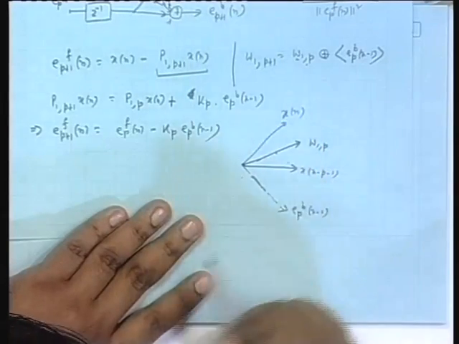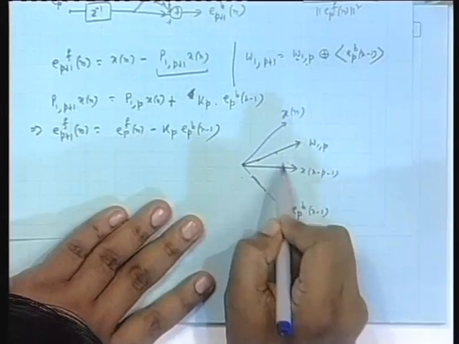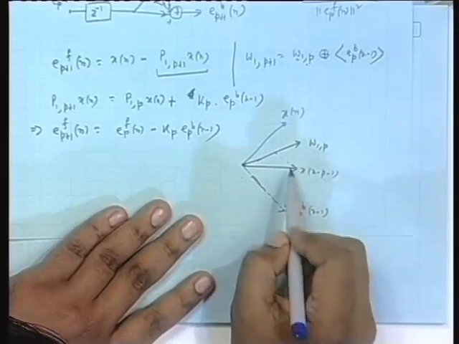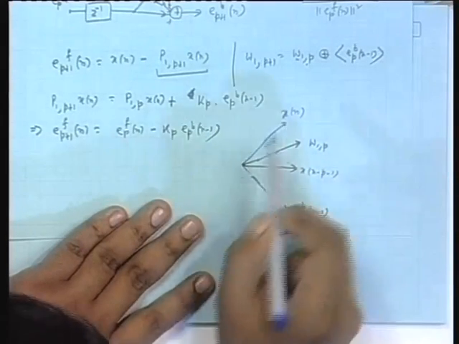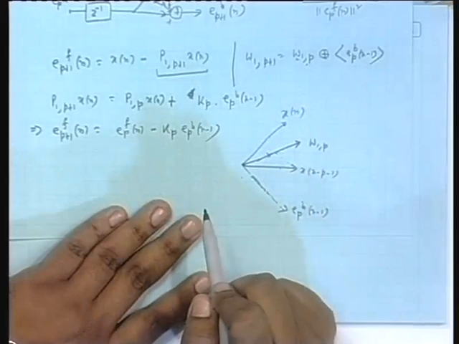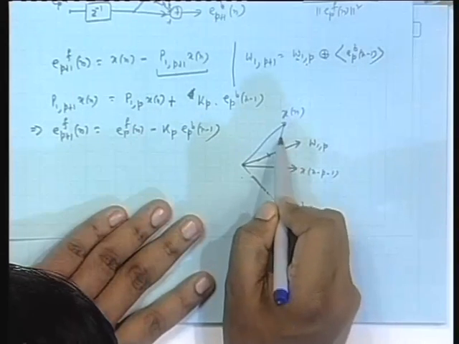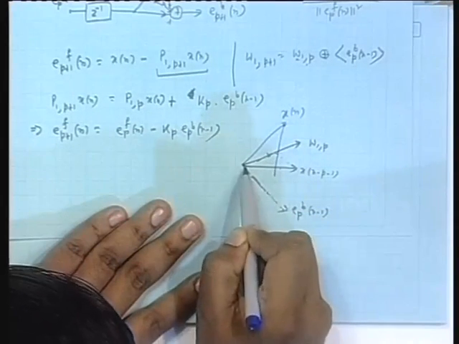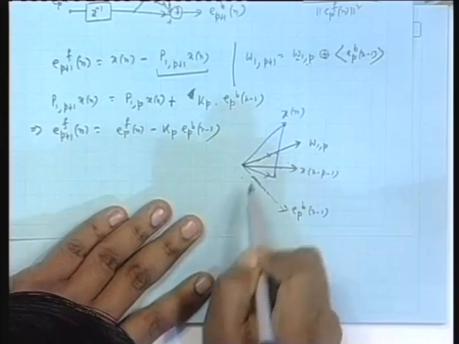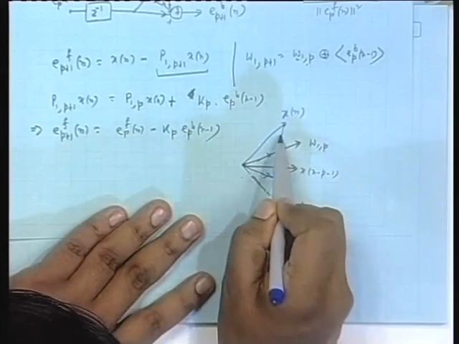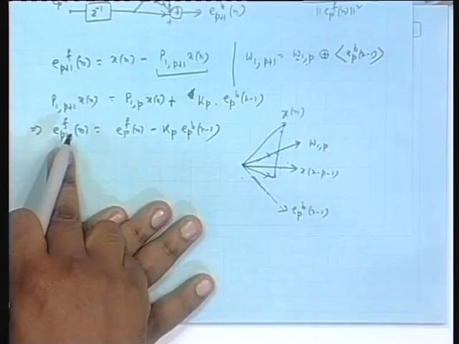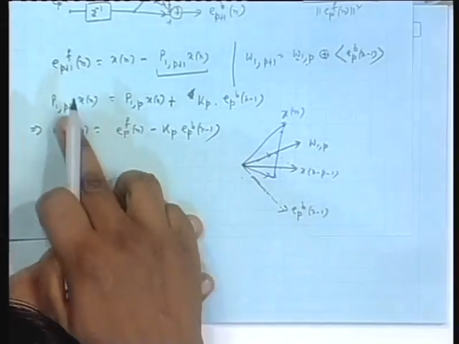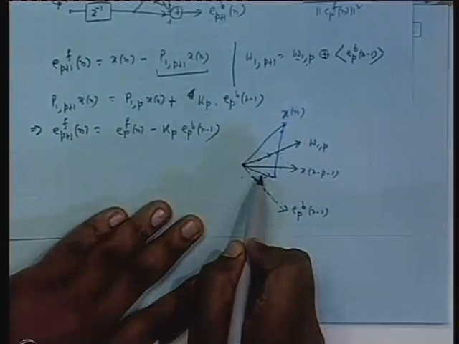Okay, and this has to be projected on the plane spanned by this fellow and this fellow, or equivalently this fellow and this fellow, right? So that will be what we all know from basic projection. This is that orthogonal projection. This is the projection. This is the corresponding projection error. This error is this EP plus 1 Fn, and this is that projection. This projection is given by this guy.